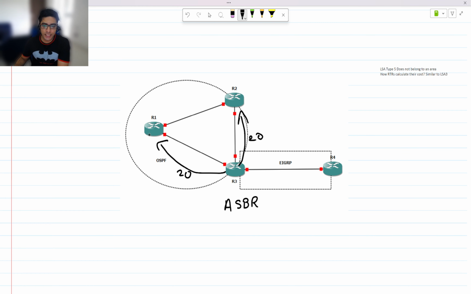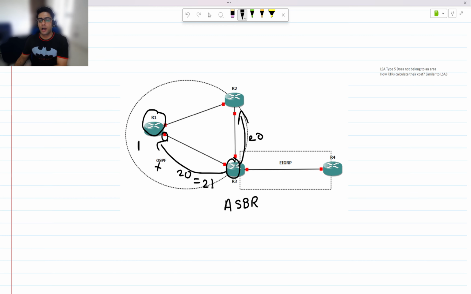Now when R1 receives this LSA type 5, R1 knows that to reach the EIGRP network, R3's cost is 20. Now R1 will calculate its own cost to reach R3. Since R1 is connected to R3 via a Fast Ethernet link, the cost is 1. So R1's total cost to reach the EIGRP network is going to be 1 plus 20 equals 21.